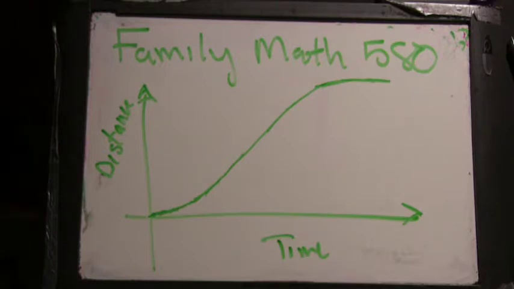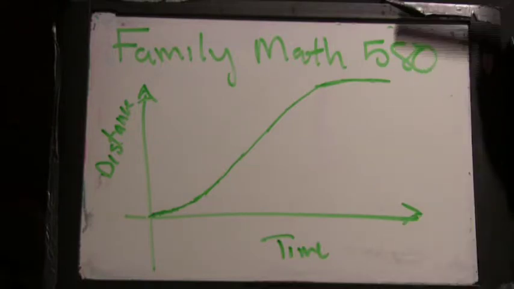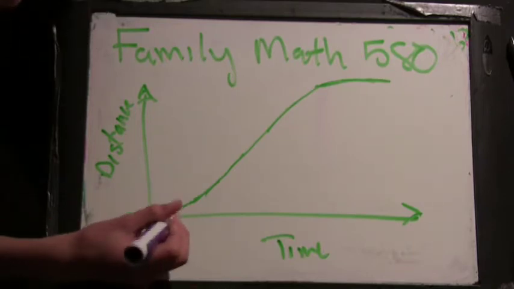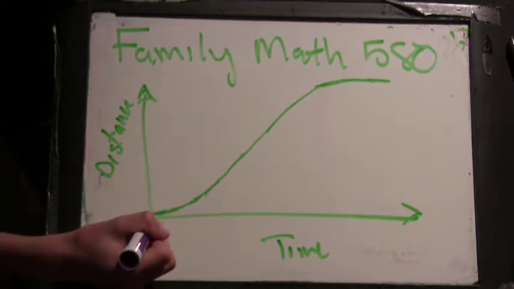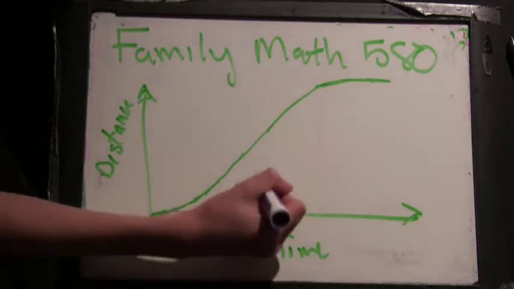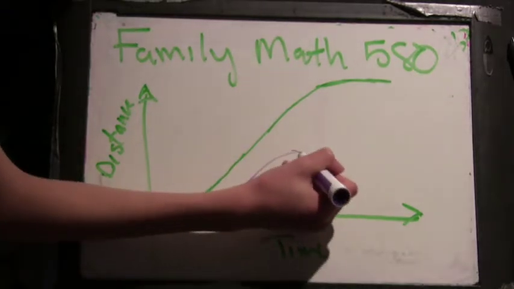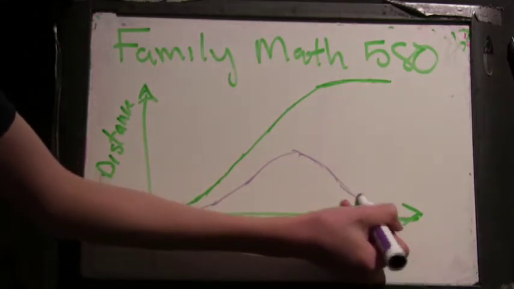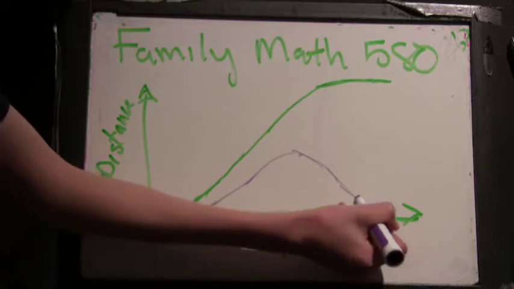So what does the velocity of the car over time mean? Well, it means how fast it's going. Okay, so for the graph you've made here, show me what the velocity curve looks like. It rises and goes back down like this, and it ends at the bottom.